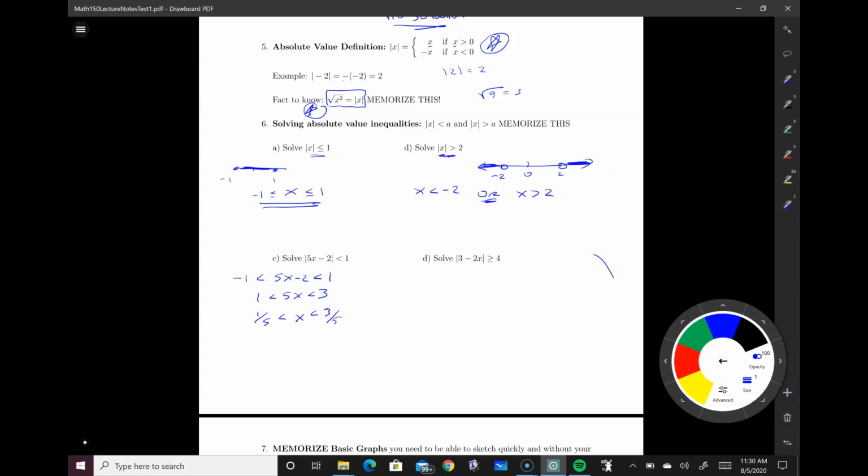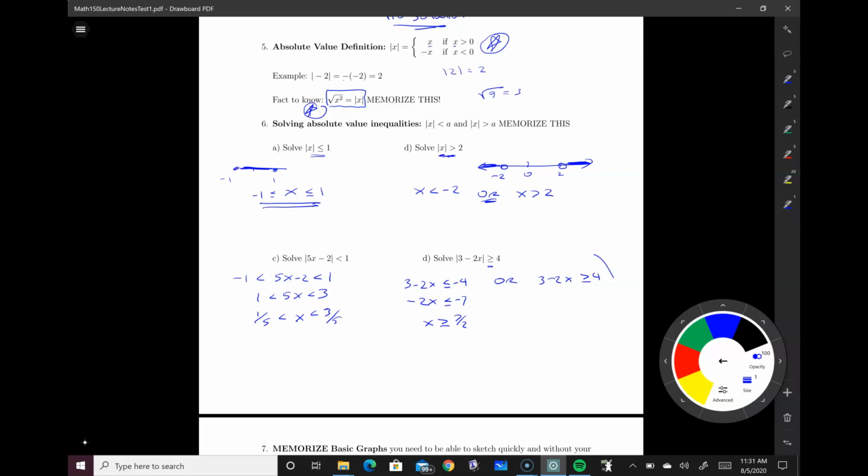So here, with this absolute value inequality, I've got a greater than, so I'm going to have 3 minus 2x is going to be smaller than or equal to -4, or 3 minus 2x is going to be bigger than or equal to 4. So then I'm going to solve this one for x, so -2x by subtracting 3, so I get -7, and I'm going to divide through by the -2, so I get 7/2 here.